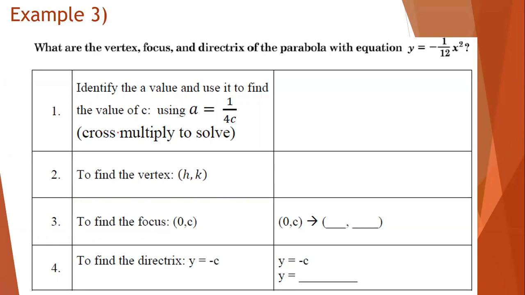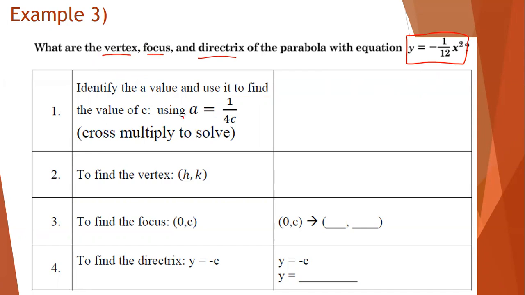So this time, it wants us to find the information given the equation. So they gave us our equation, and they want us to find our vertex, the focus, and the directrix of y equals -1/12 x squared. So here, we're going to need to figure out our C value.